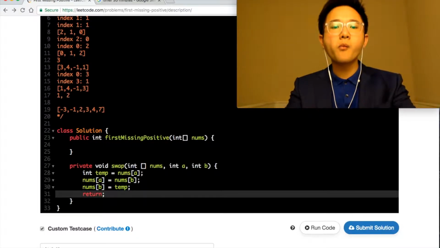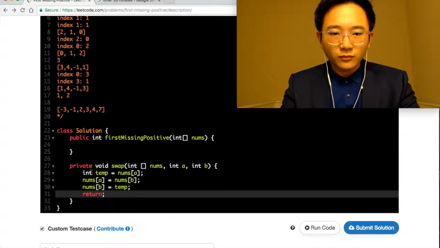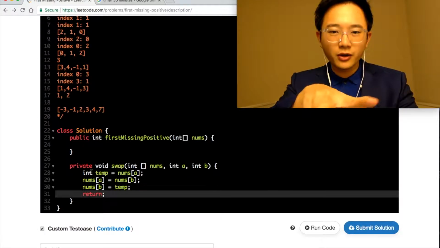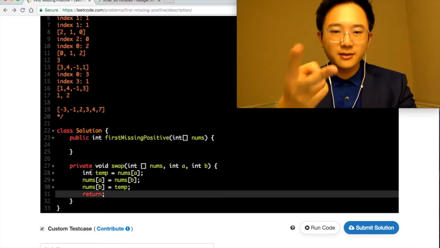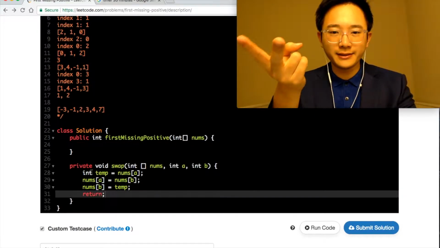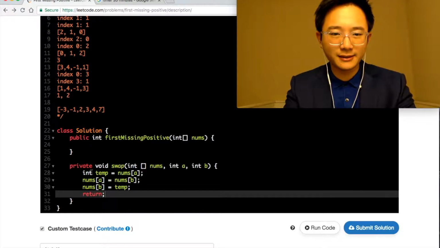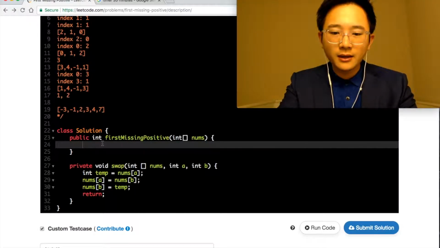Okay. We're swapping the index. Okay, that's correct. Okay, temporary assigned this, and then assigned A, B assigned. Okay, good. Now let's get started.